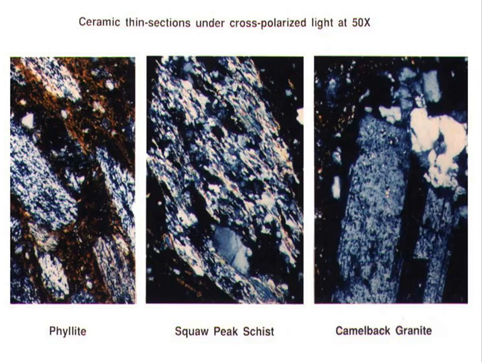Abbott and his colleagues first examined thin sections of sherds under microscopes. They take a sherd and, using a rock saw, cut a paper-thin piece that is mounted on a microscope slide and then viewed using cross-polarized light, which interacts with different minerals in different ways, allowing the different minerals that are present to be identified.